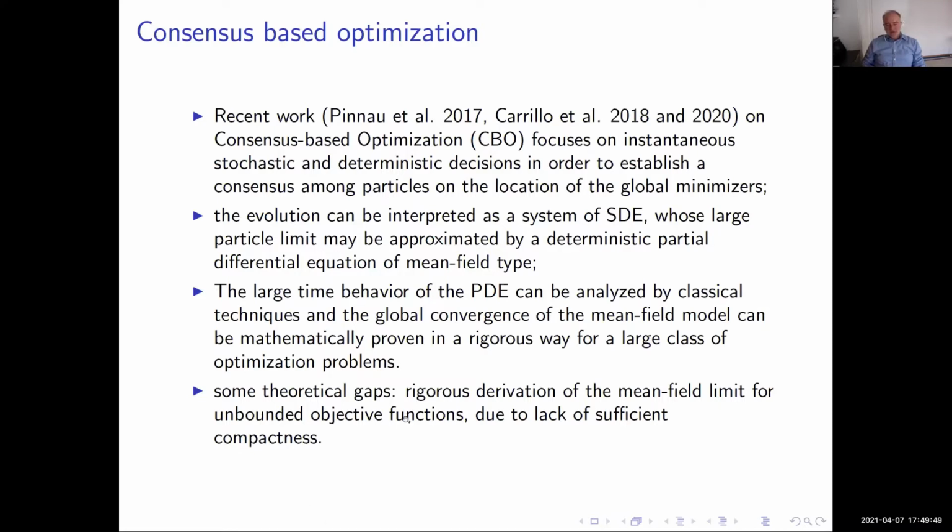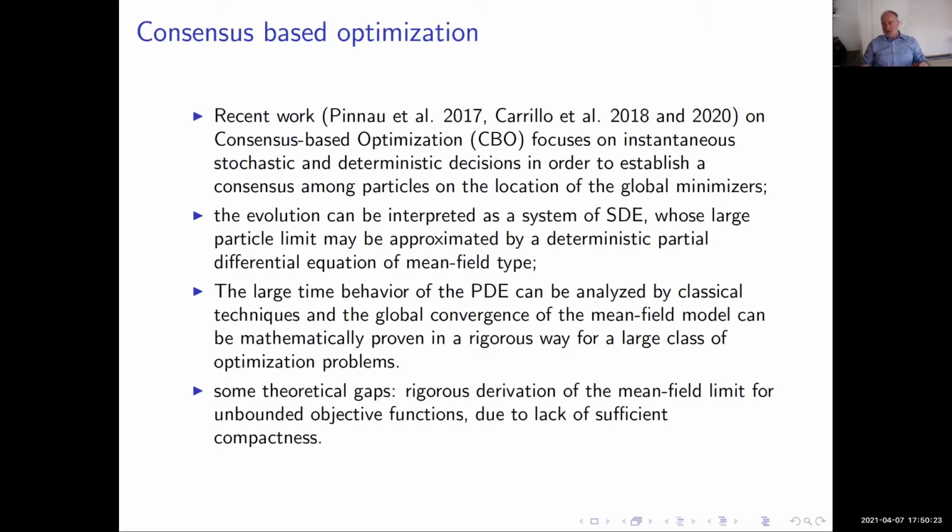Inspired by this theoretical gap, which is due to some lack of compactness, and the fact that problems bounded on compact sets are still very interesting for many applications, as I'm going to describe, we were motivated to try to close this theoretical gap and bring this kind of theory to optimizations constrained on compact sets.